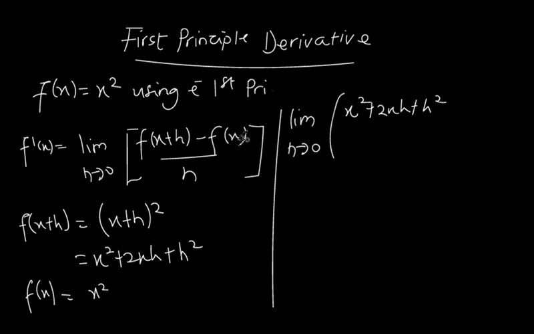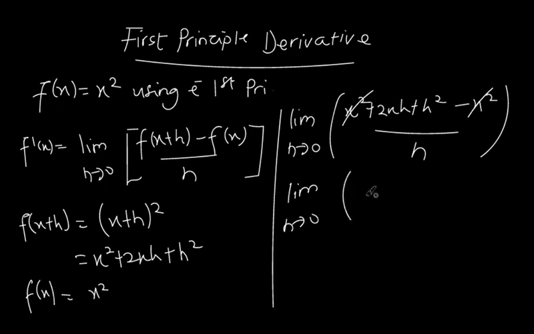Then in place of f of x, you'll be putting x squared, so we have minus x squared, then all divided by the h, which is over here, then we close the bracket. So from here we can see that we have negative x squared over here, and then we have x squared over here. So these two will cancel out, so we have the limit as h approaches 0 of 2xh plus h squared all over h.